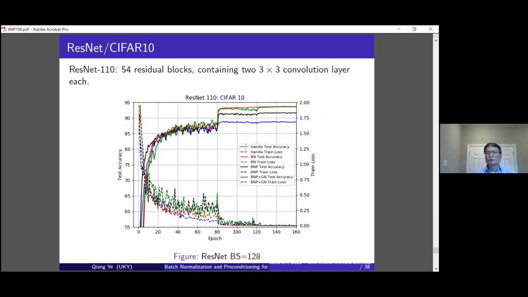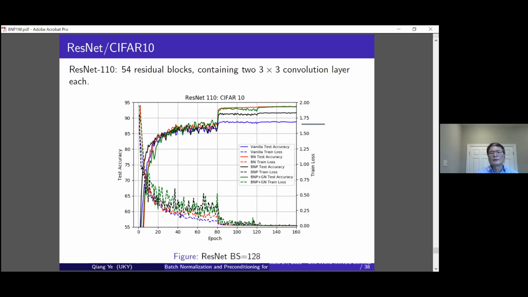Finally, I want to show you 2 results on the ResNet, which is a very deep network. Here is a ResNet 110, so 110 layers ResNet with 54 residual blocks. Again, dashed lines are training and solid lines are testing, so I'm primarily going to look at the testing here.